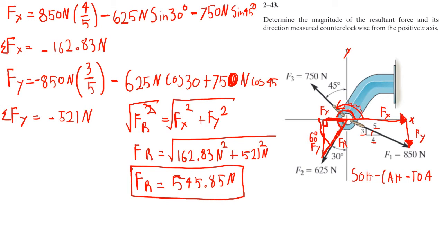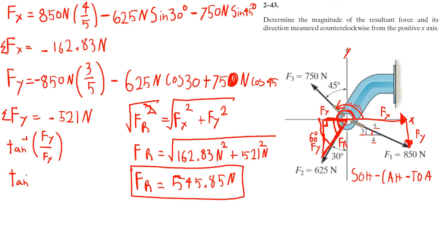We need to solve this angle right inside the triangle. So to do that, we're going to use actually tangent, opposite over adjacent, except slightly rearranged. So it's going to be tangent inverse, rise over run, opposite over adjacent, or in this case, fy over fx. Force in the y, that's our rise, and then force in the x, that's our run.